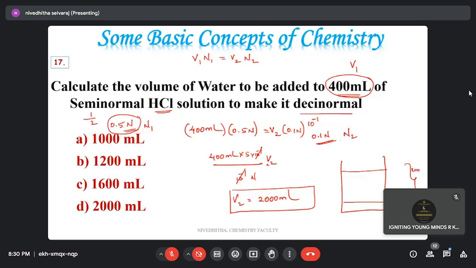And what was the question? Calculate the volume of water to be added to 400 ml of semi-normal solution. So, initially I had 400 ml. Now, the volume of the resultant solution is 2000 ml. So, how much water to be added to make this 2000 ml? 1600 ml, ma'am. That's it. So 1600 ml. So the answer is option C.